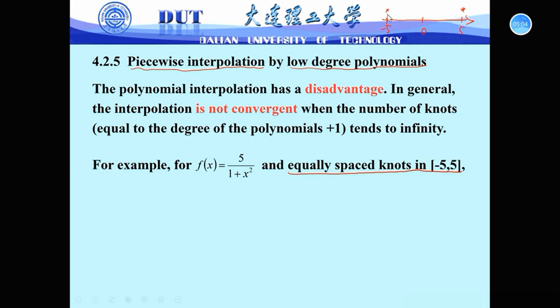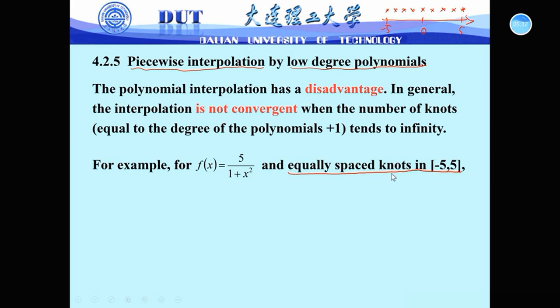If we choose three points, we use these three points equally. And if we want to use five nodes, we use equally spaced, uniform points. The points are uniformly distributed in the interval from -5 to 5.